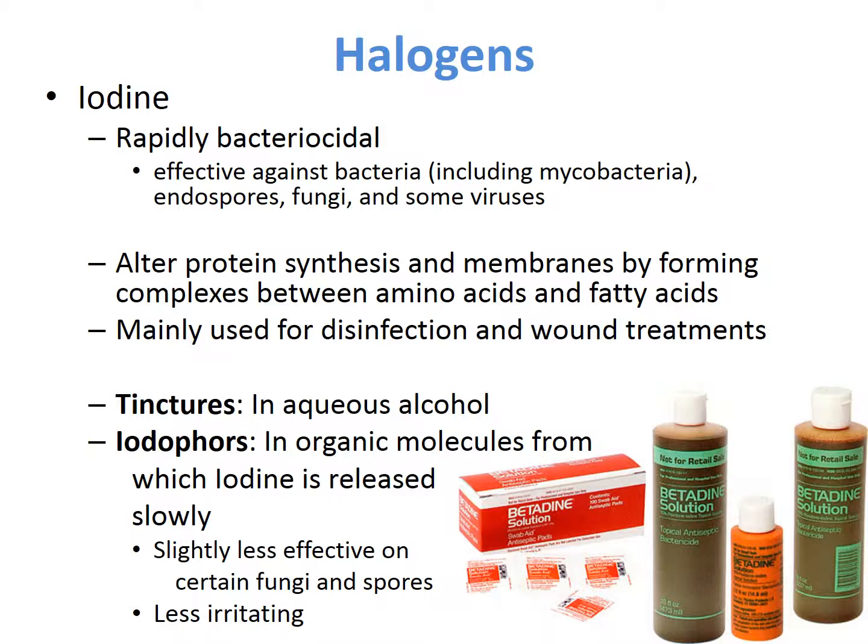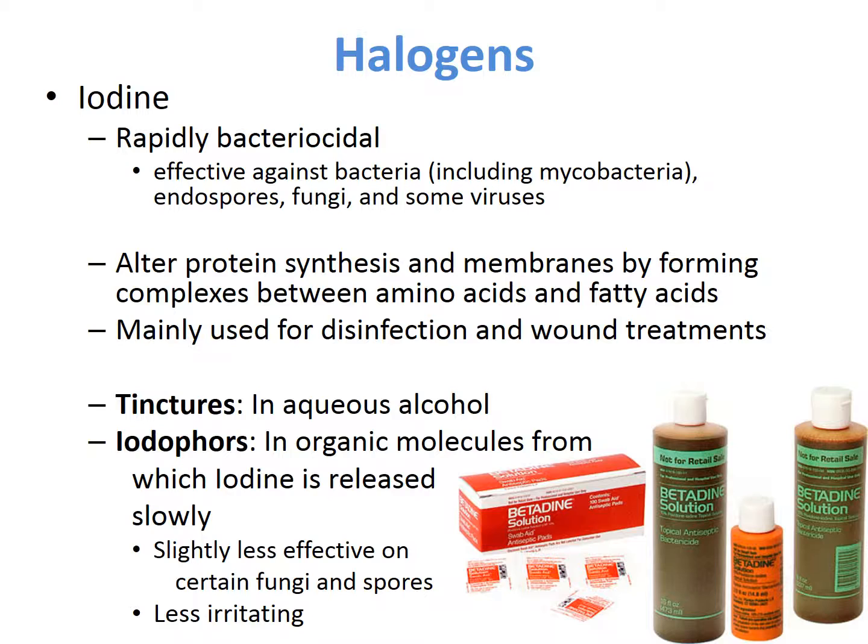What we think it does is that it alters protein synthesis and the formation of membranes by making complexes between the amino acids in the proteins and fatty acids in the membranes. We also know that iodine is capable of precipitating proteins. Precipitated proteins lose their function. They're inactive. Iodine is mainly used for disinfection and wound treatments.